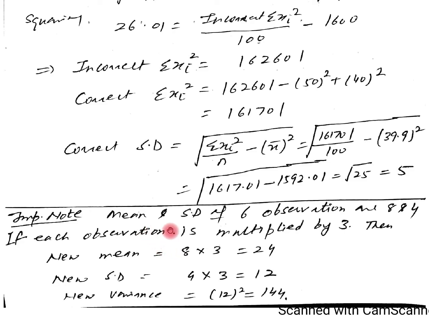Whenever the mean and the standard deviation are given and each observation is either multiplied by, divided by, added to or subtracted by the same quantity, then the new mean and new standard deviation are also changed in the same way. If it is multiplied, then it is multiplied by the same quantity. If it is divided, then it will be divided. If it is added, then it will be added. If it is subtracted, then it will be subtracted.